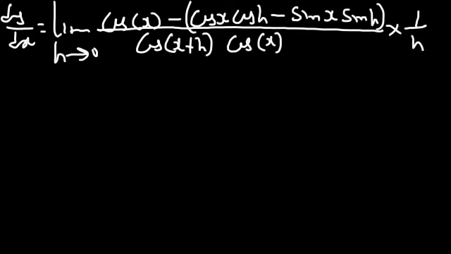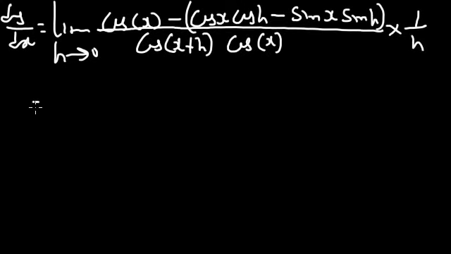I've actually gotten rid of that, but it's still there. I hope you are not lost yet. This expression we're having right here is the expansion of cosine of x plus h. We use a trigonometric identity to do that. Is that clear? Perfect.